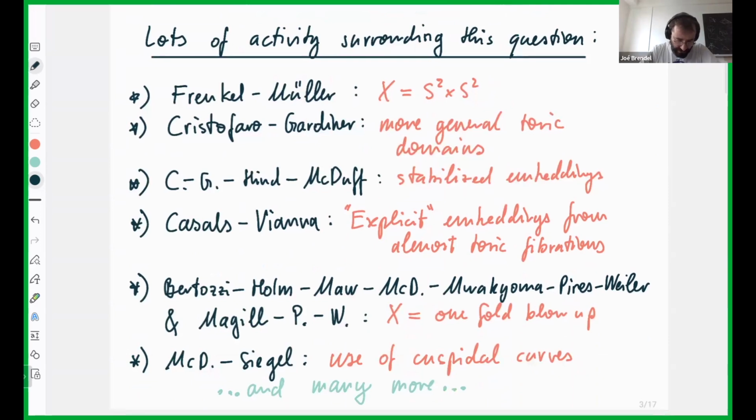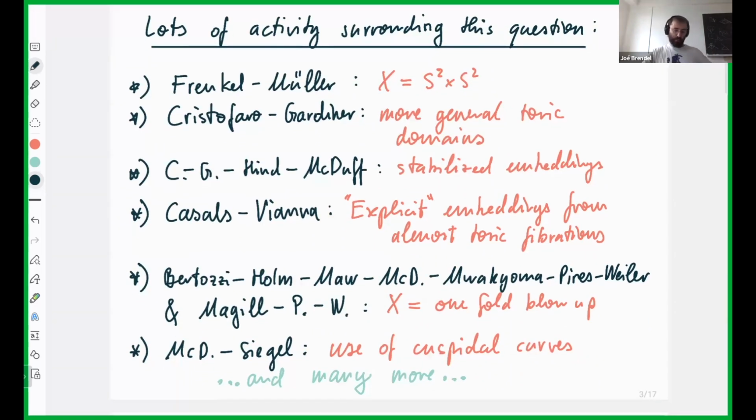And so here I've just listed some activities surrounding this question. This is a very restricted selection. There is much more going on. So I'm sorry if your favorite paper is not in here, but this is just to illustrate that there are many results in this direction.